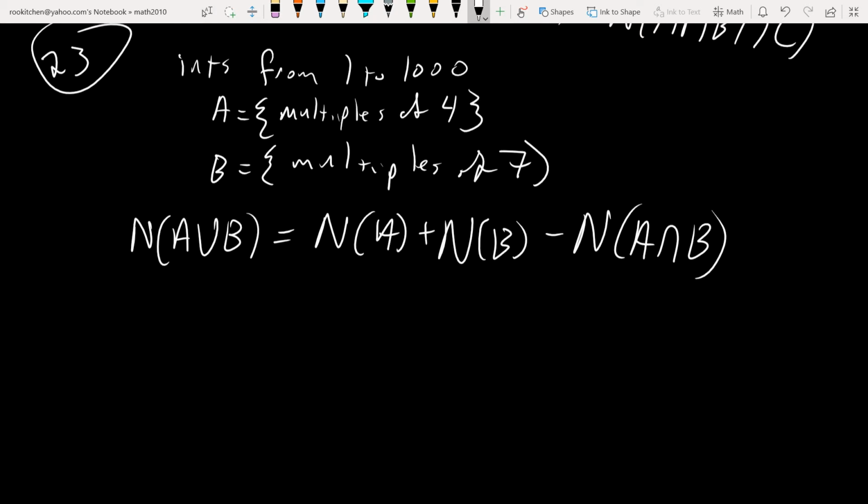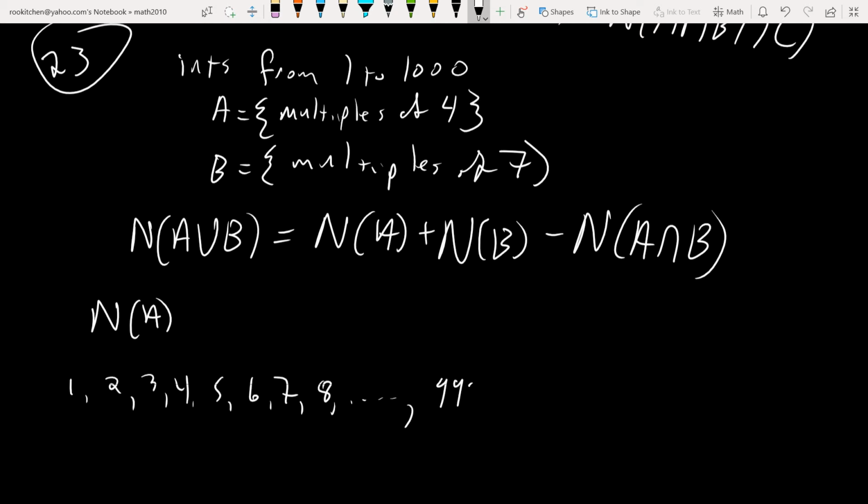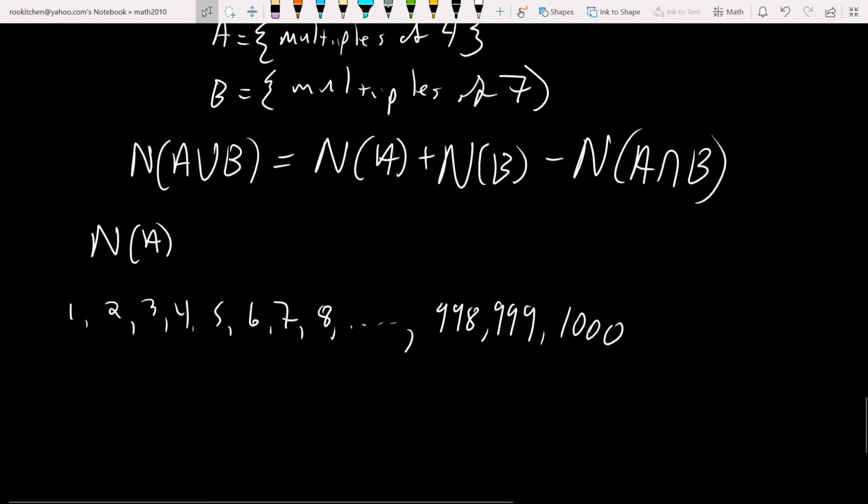The number of things in A. So we're looking at multiples of 4. You can do one of these listing things: 1, 2, 3, 4, 5, 6, 7, 8, ... 998, 999, 1,000, and enumerate all the ones that are multiples of 4. Here's the first one, 4 times 1.